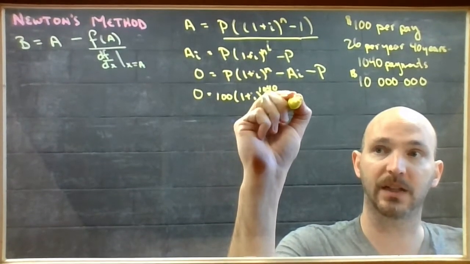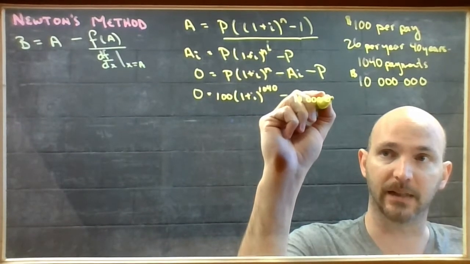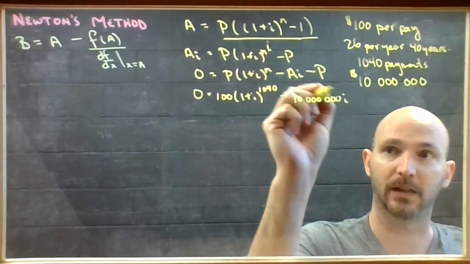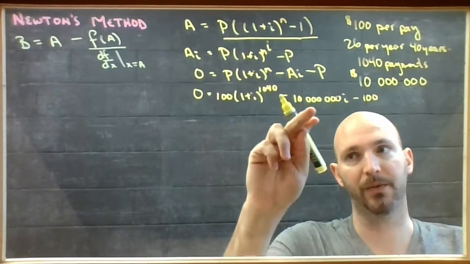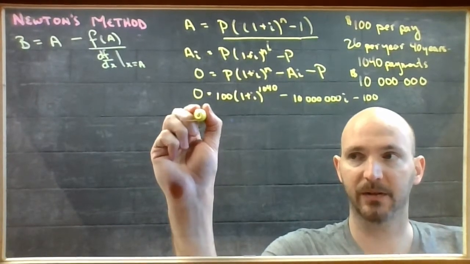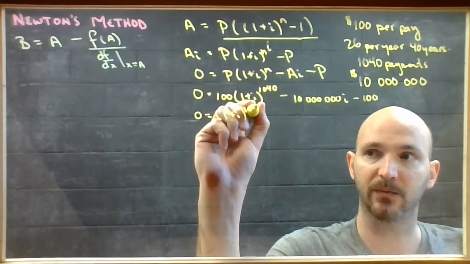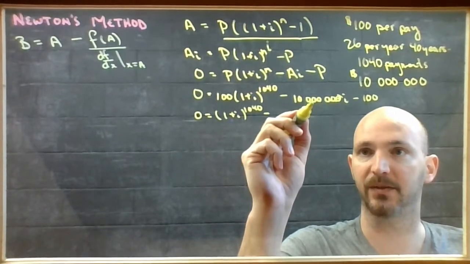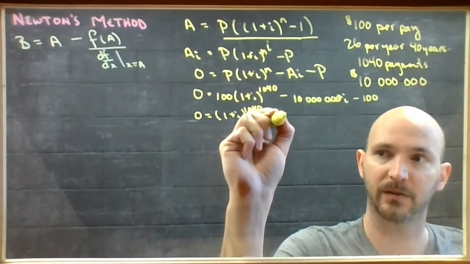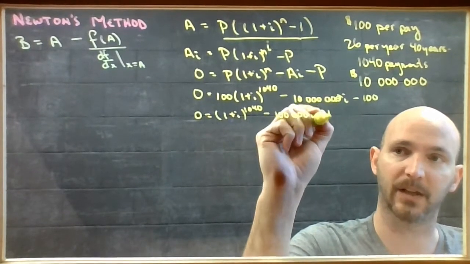I know I want to get $10 million out at the end, and I've got a payment of 100. So all three of these numbers divide by 100, so I get 1 plus I to the 1040, minus, take 2 zeros off that, I'm down to 100,000, and 100 divided by 100 is 1.